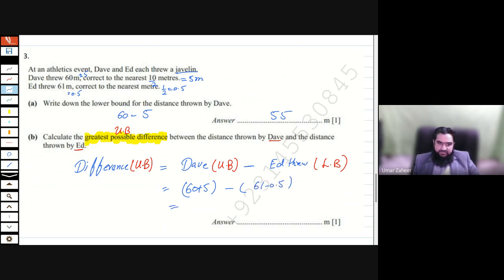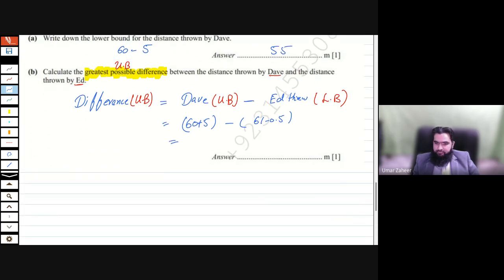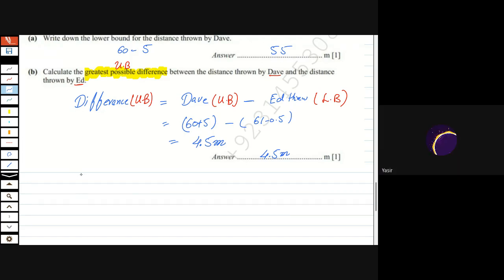Yes, the final answer is 4.5 meters. Yes, everyone, it is clear.